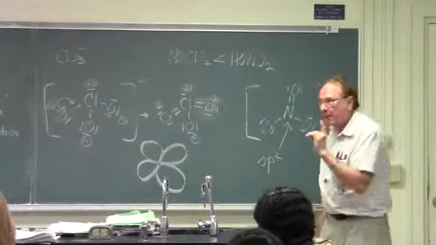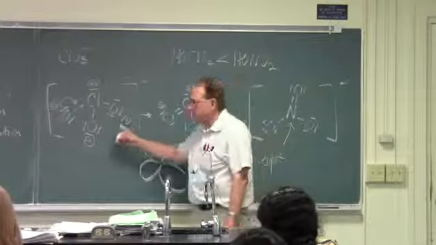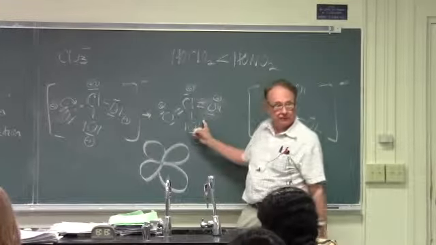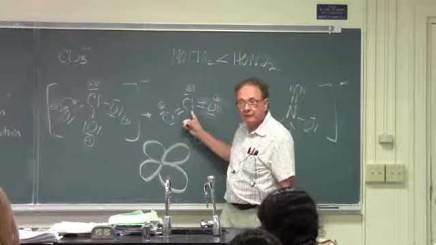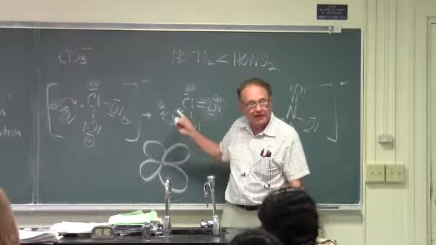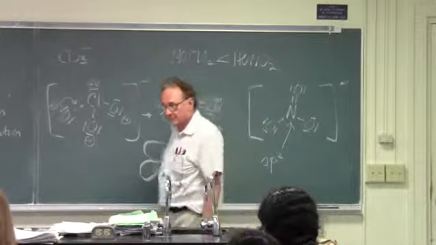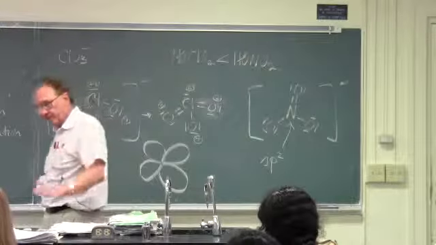If chlorine and oxygen do show some pi bonding with each other in the chlorate ion, what orbital or orbitals will the central chlorine atom use to make the pi bonds? Think before you answer.